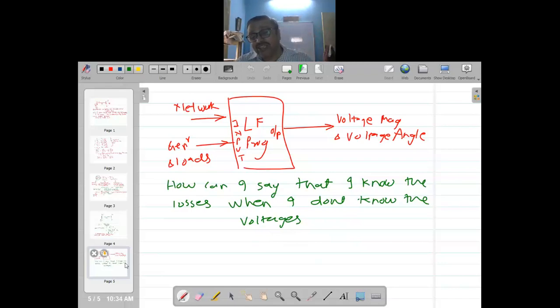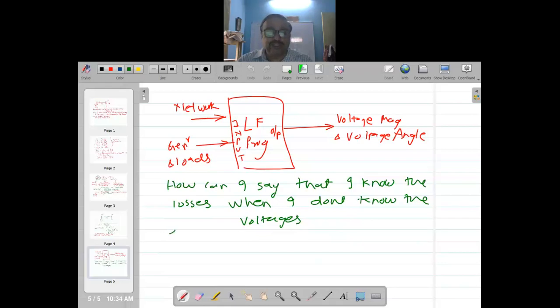But we are already saying that we know sigma PI, which is sigma PGI minus sigma PDI, so I know the losses. This can't be a physical situation, and therefore I cannot have all the buses as PQ buses.